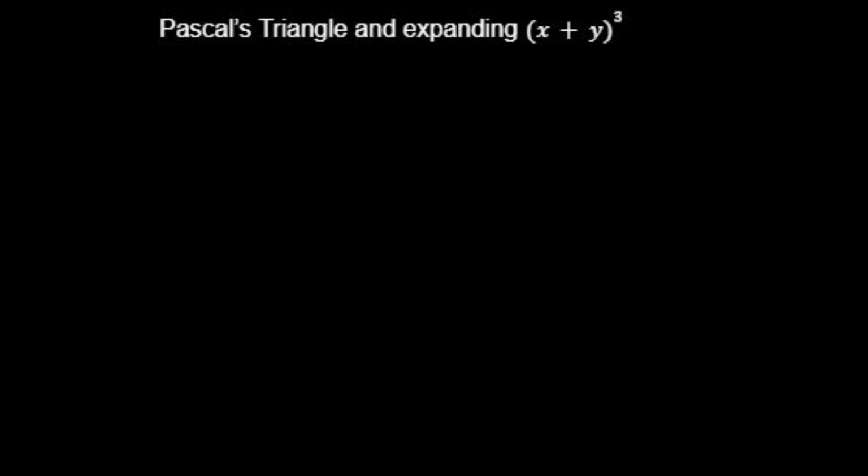Okay, in this example, we're going to look at Pascal's triangle as well as expanding binomials. So if we start off by looking at x plus y to the third, and we try to simplify it, we would write it out 3 times and go through the algebraic steps of doing distribution. Since we're multiplying three things together, we would group the first two together and distribute those out.